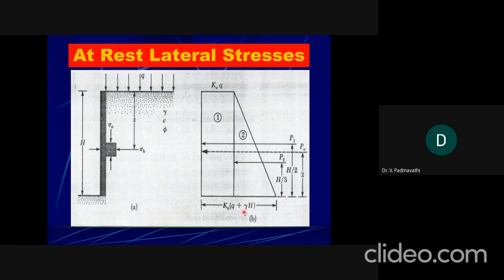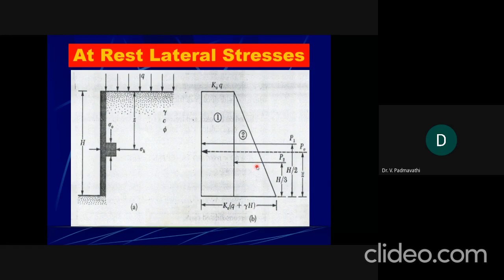K naught is the lateral earth pressure coefficient in case of rest condition. In case of active pressure condition, K naught can be taken as Ka, and in case of passive earth pressure, that is Kp. So K naught or Ka or Kp into gamma H is the lateral earth pressure due to the soil.